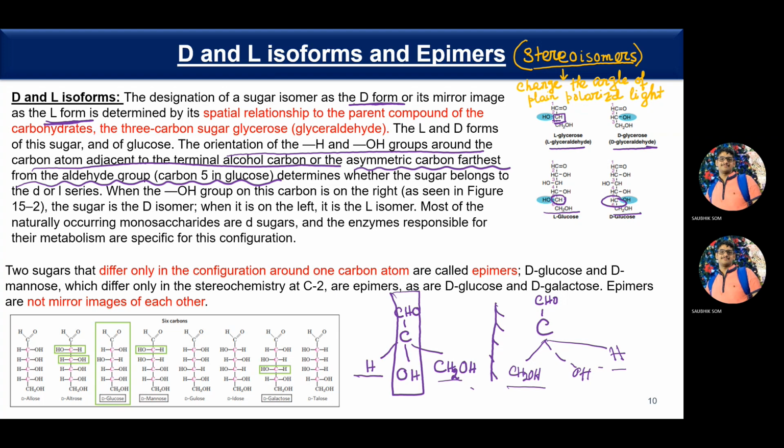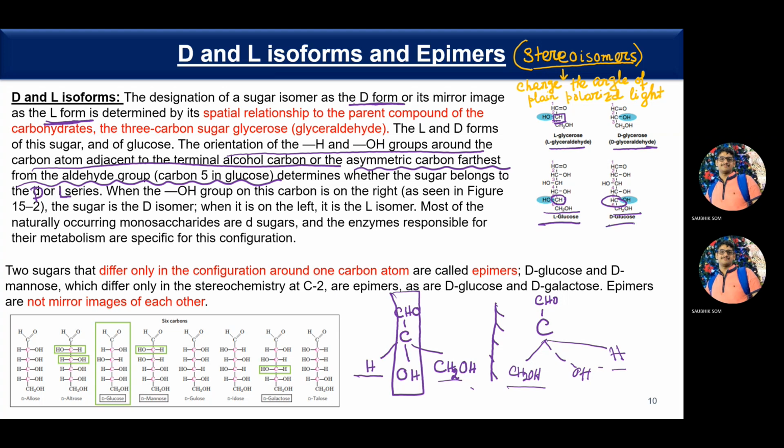So the H and OH orientation at the farthest carbon, or the closest chiral carbon to the terminal carbon, will determine if it belongs to the D or L series. Sorry, this will be capital D and capital L. Now, if it is on the left side, it is L-glucose.